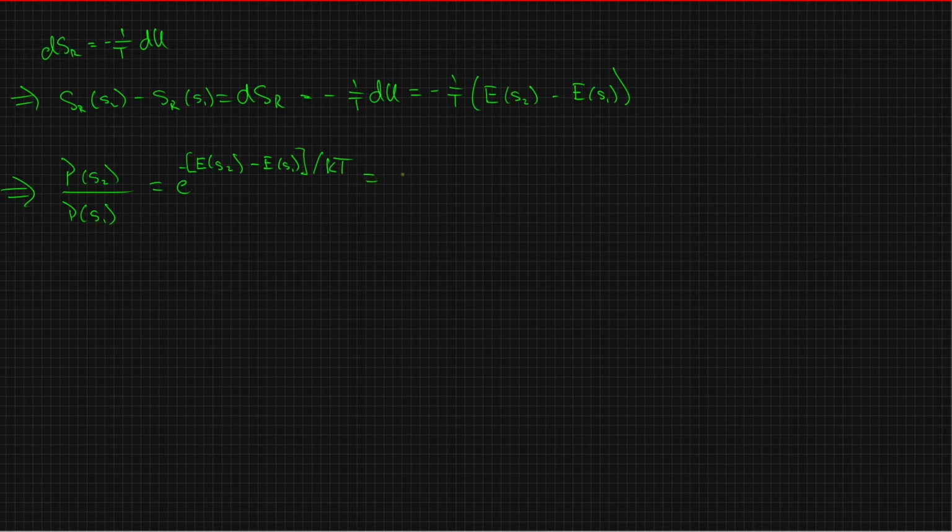Rewriting that a little further, breaking it up into two exponentials rather than one, we can write this as e to the minus E of S2 over kT divided by e to the minus E of S1 over kT. We're going to call these two things Boltzmann factors. This exponential is a Boltzmann factor and this exponential is a Boltzmann factor.